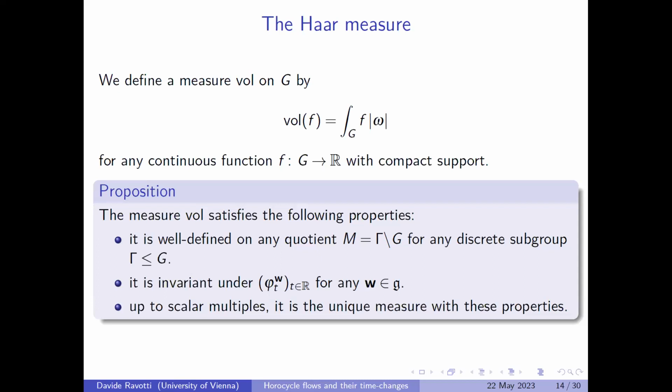So the group is unimodular. So if it is left invariant, it's also right invariant. And so the left invariance ensures that this is well defined on the quotients, and the right invariance ensures that it's invariant by all these flows. So if you have at least one lattice, then the group is unimodular. And yeah, this is the measure we will be looking at. Thanks for the question.